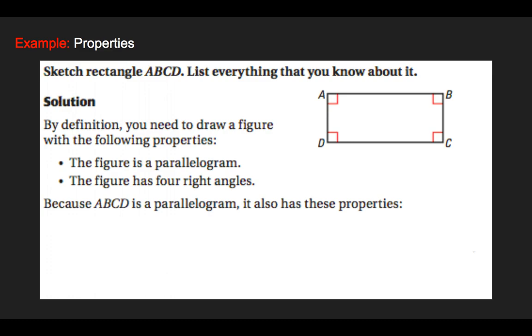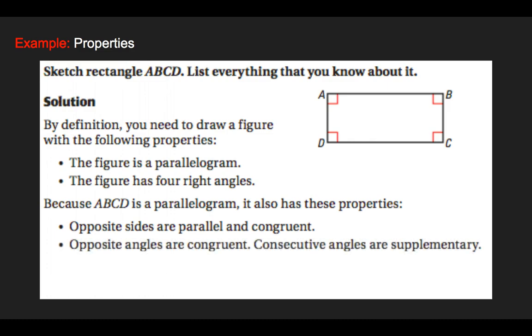Because it is a parallelogram, I hope you also thought about these things. The opposite sides have to be parallel and have to be congruent. The opposite angles have to be congruent. And the consecutive angles have to add up to 180 degrees, or be supplementary to each other.